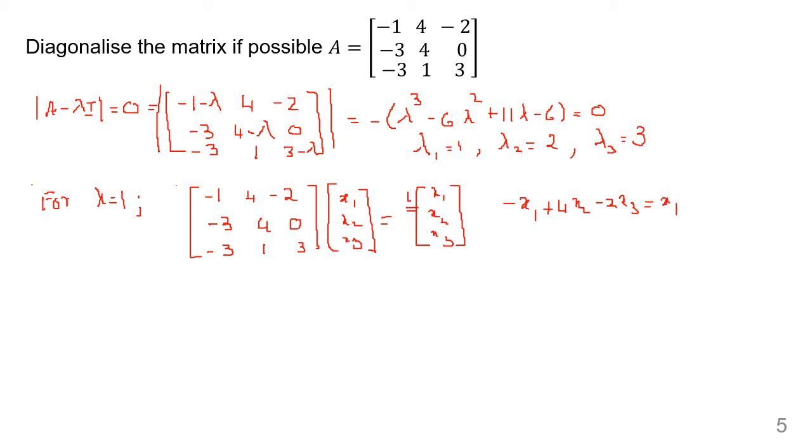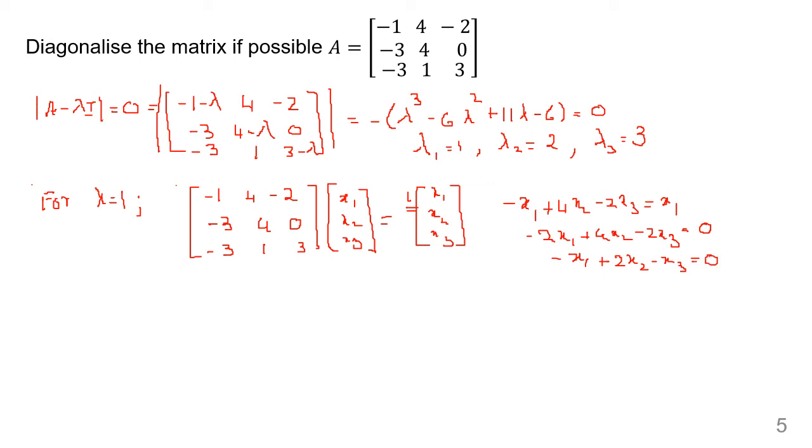So you get this as minus 2x1 plus 4x2 minus 2x3 is equal to 0, which will give me minus x1 plus 2x2 minus x3 equal to 0.